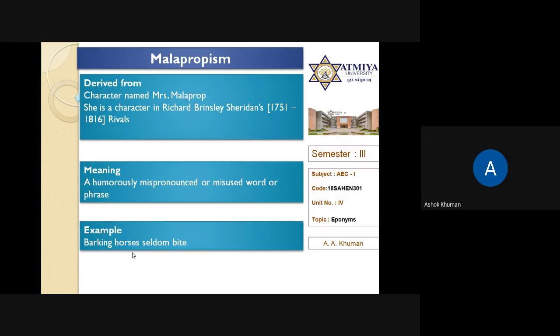Why? Because of the humor. Intention is here to create humor. So, barking horses seldom bite. A reader will laugh at it. It makes us feel humor about it. How can it be horses? It should be dogs. So in order to create a humorous effect on the reader, that is called malapropism.